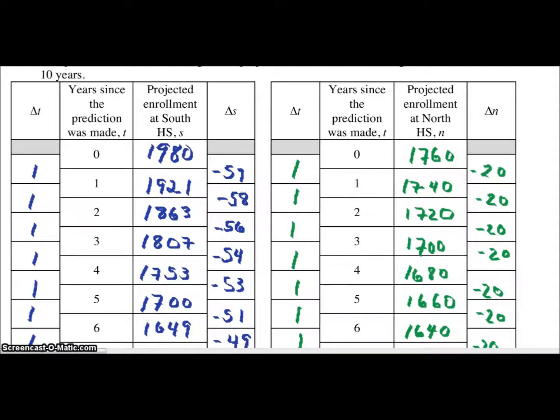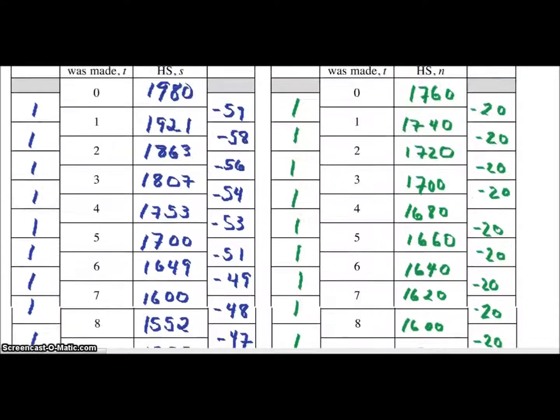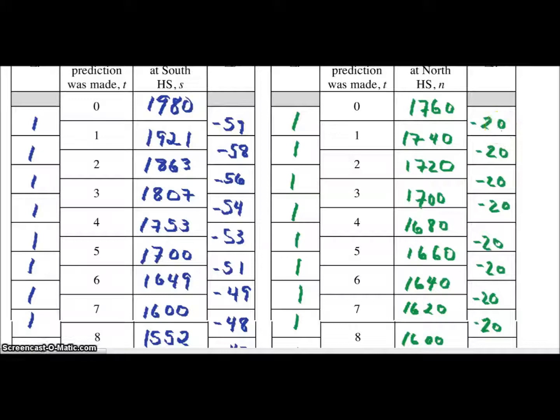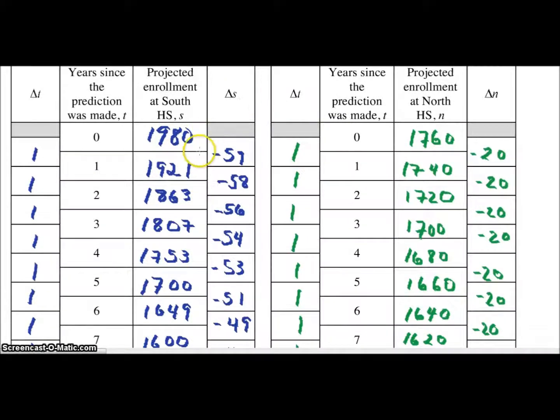My first instinct was to say that it was decreasing, but note that we're at negative 59, and negative 49 is greater than negative 59, so we're actually increasing as the number of years increases. Notice that the change in S with the change in time is not constant. It's actually exponential.